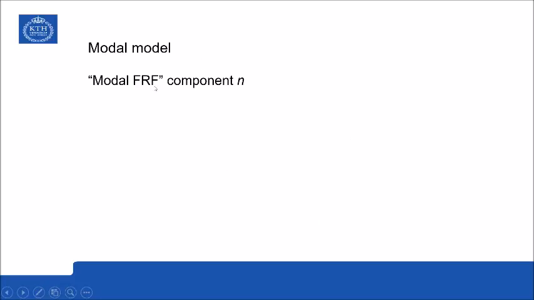If we look at the modal frequency response function of component n, we can define this as xi n over Qn. This is a vibration motion, and this is a force, so this is a frequency response function of type displacement over force. If we replace the s here with i omega, we get minus omega squared, where omega is the angular frequency.